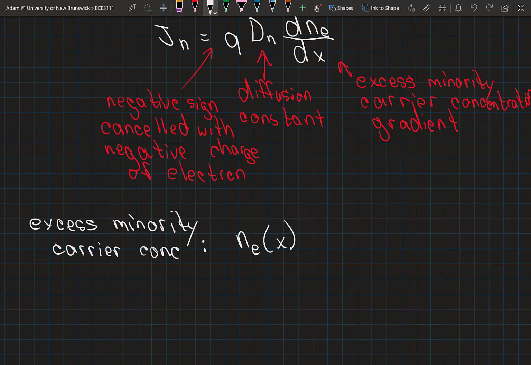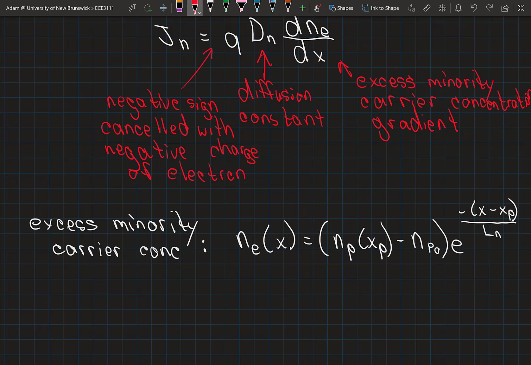That concentration as a function of x is equal to my concentration at the edge of the depletion region minus my unbiased concentration, or my zero bias concentration, times an exponential term that is e to the minus x minus xp divided by my diffusion length.